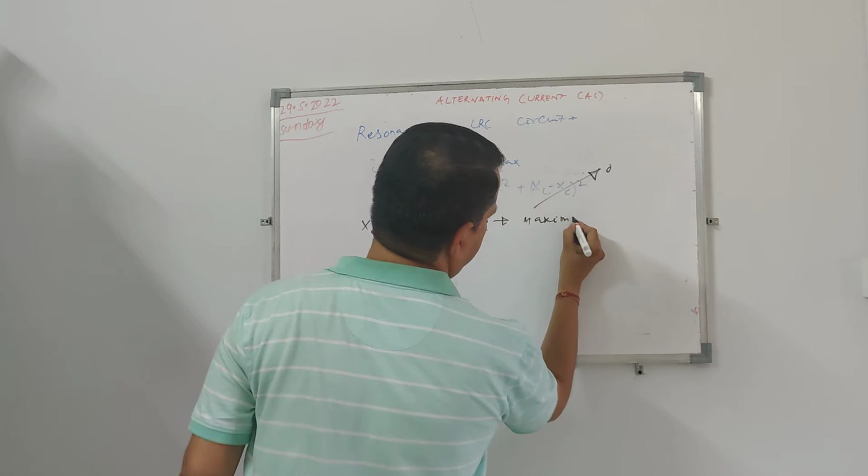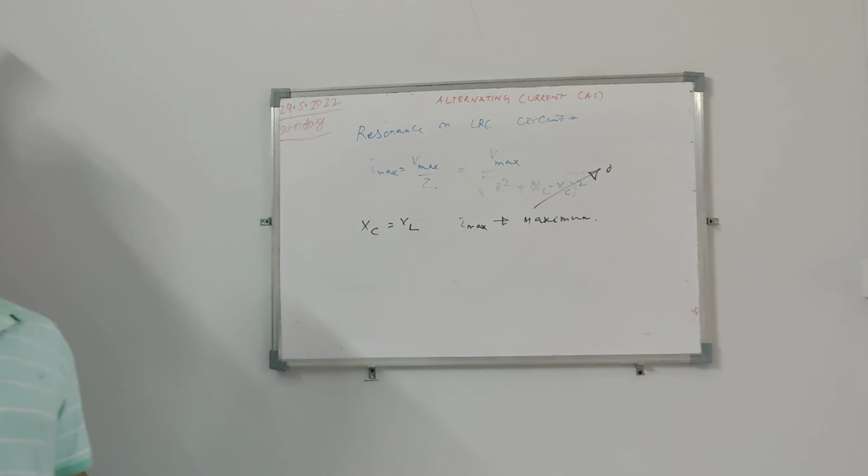The circuit becomes like a pure resistance. At resonance, the I max will be maximum.